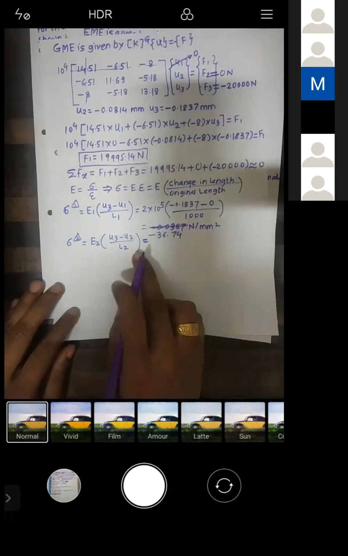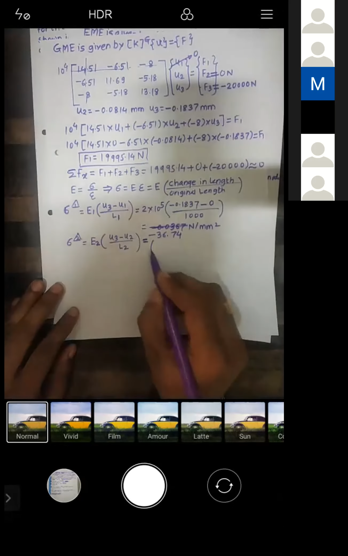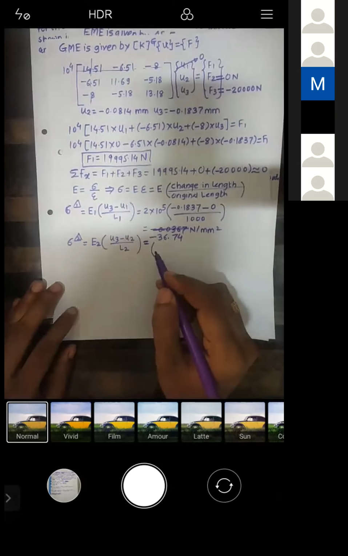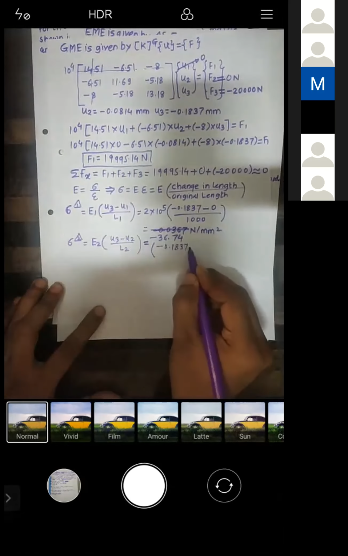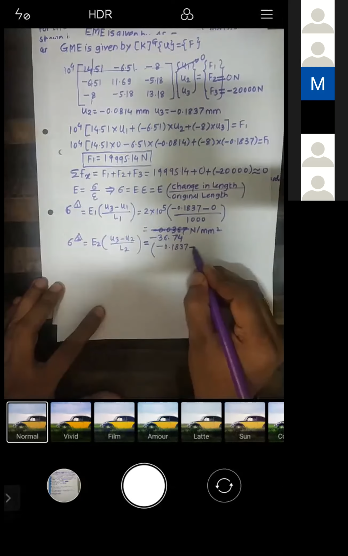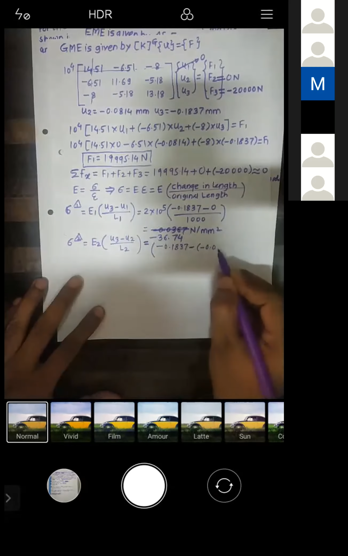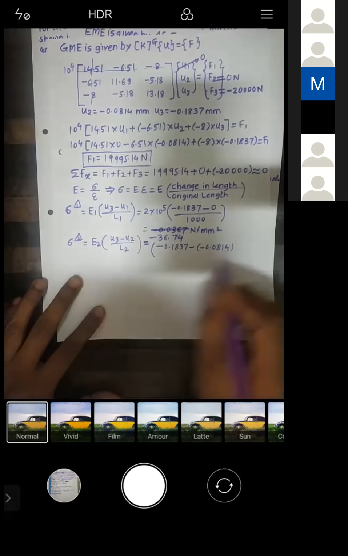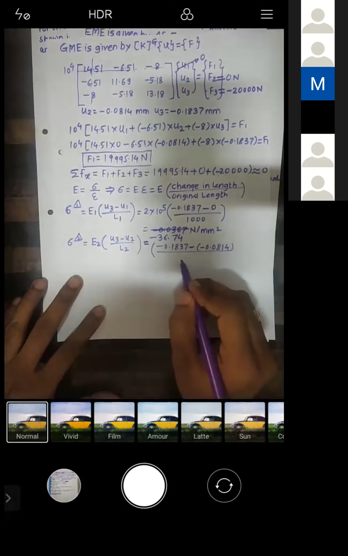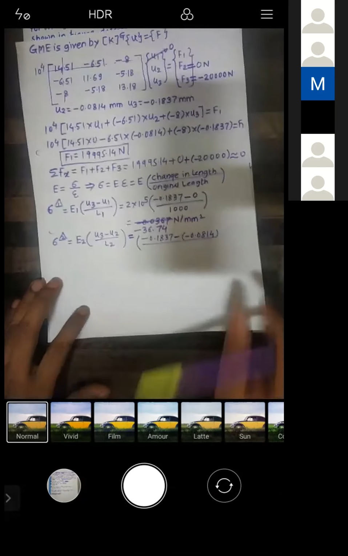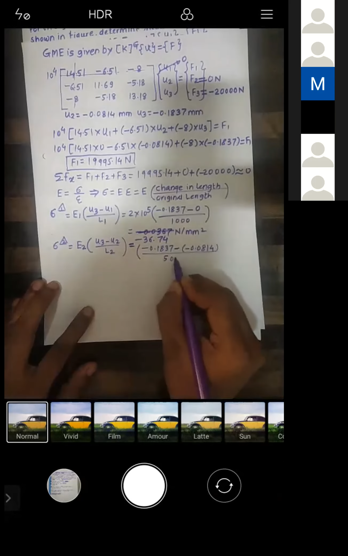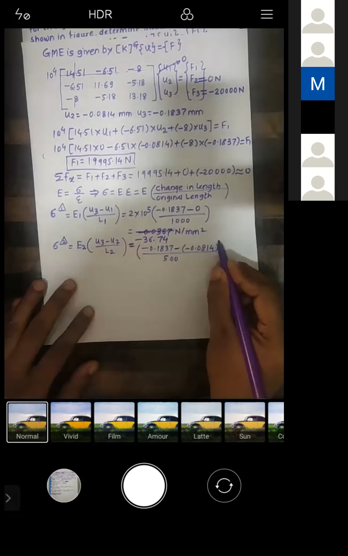Now do it for element number 2. It is U3 minus U2 by L2. U3 is minus 0.1837 minus U2, that is minus 0.0814, upon L2, the length of element number 2. Element number 2 and 3 are of the same size, and that is 500. Now tell me a single answer which is correct.